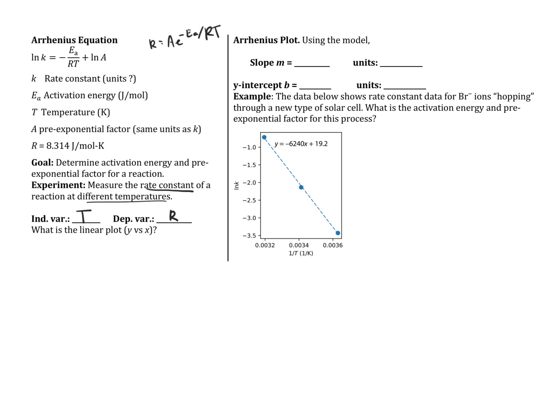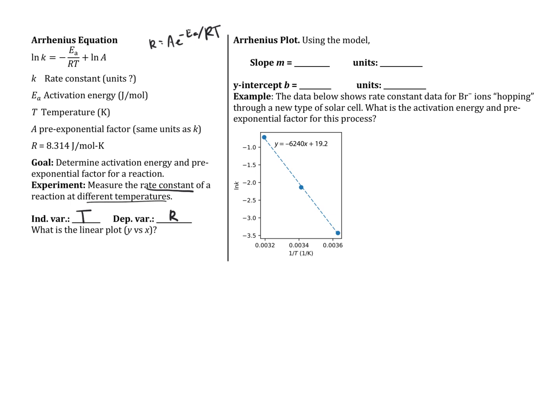If I put it next to it, I can do that exact same correspondence here. 1 over T is in the position of x, ln of k is in the position of y, negative Ea over R is in the position of m, and ln of A is in the position of b. And again, the idea is we can just say those things are equal. If this model is working, that's what we're going to have.